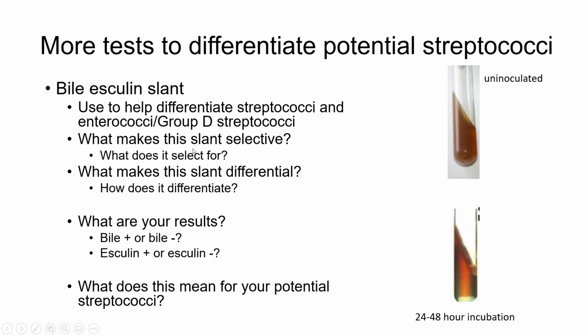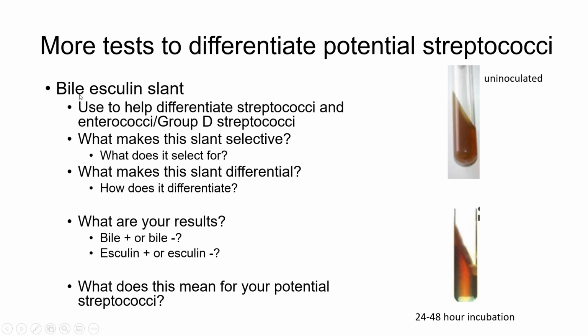The next test is called the bile esculin slant. It's an agar slant, and it's kind of this color here. Usually it's a little more light golden, but we'll go with the picture that she put here. And the slant is selective because it has bile in the agar.